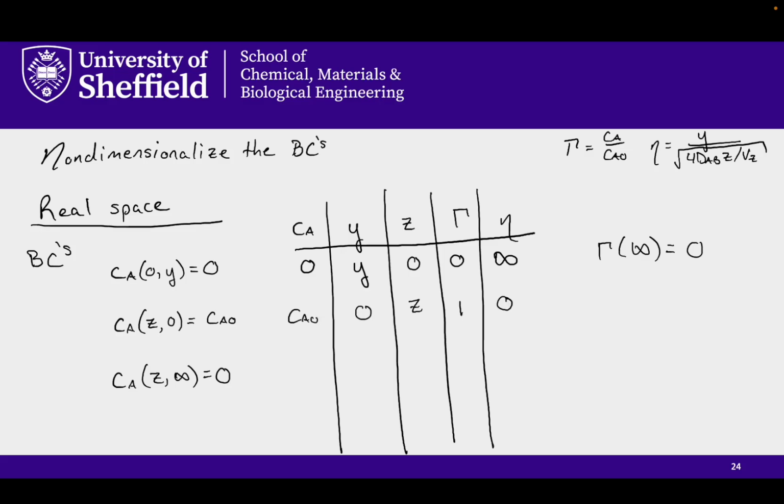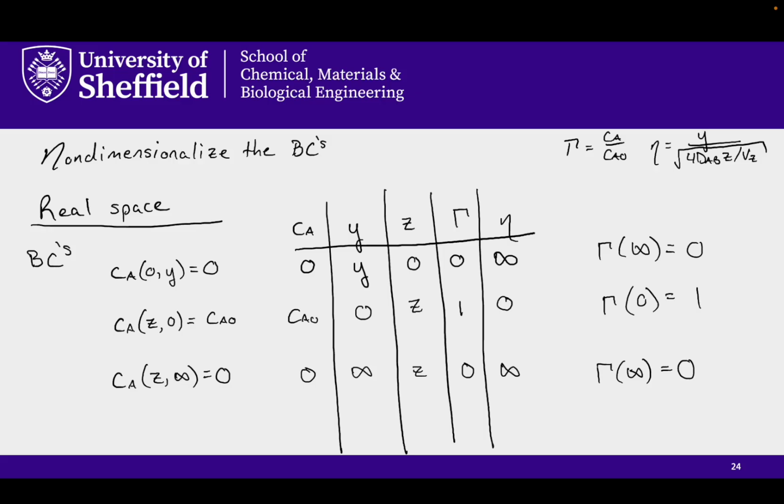Next, we plug in that z can take any value, y has to be 0, and when we do that, y is in the numerator of eta, and so eta equals 0. At the same time, the concentration is C_A0, and so gamma equals 1. So that gives us our second boundary condition. Finally, for our last boundary condition, we have any value of z, and y equal to infinity gives us a concentration of 0.